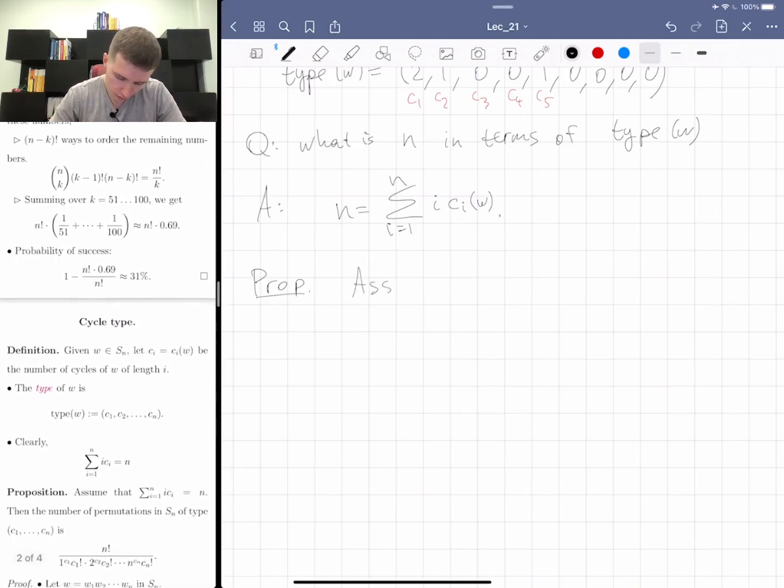So let's say I assume that I have a tuple C, which is C1, C2, etc. up to Cn. Maybe I have a vector of numbers that satisfies that n is equal to the sum of i times Ci.